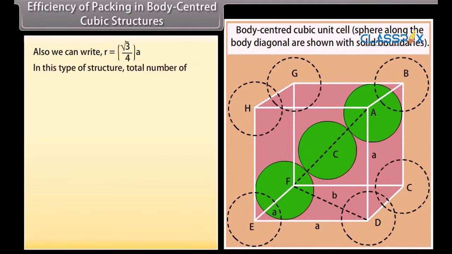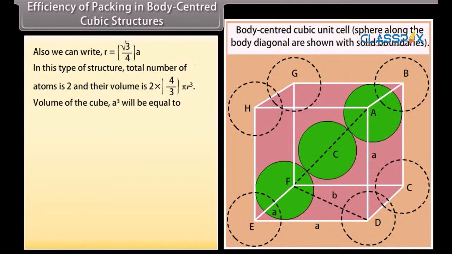In this type of structure, total number of atoms is 2 and their volume is 2 into 4 upon 3 pi r cube. Volume of the cube, a cube, will be equal to 4 upon square root 3 r cube.